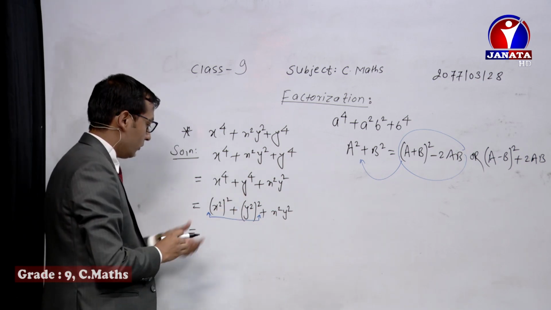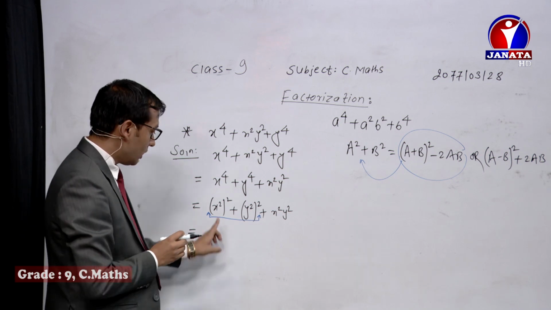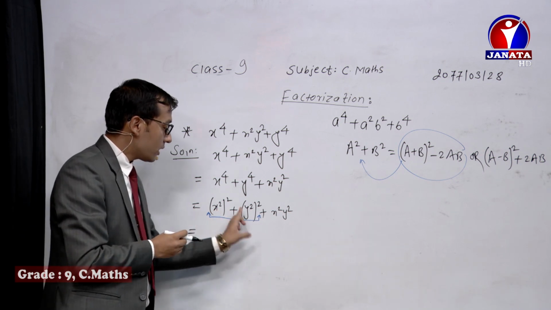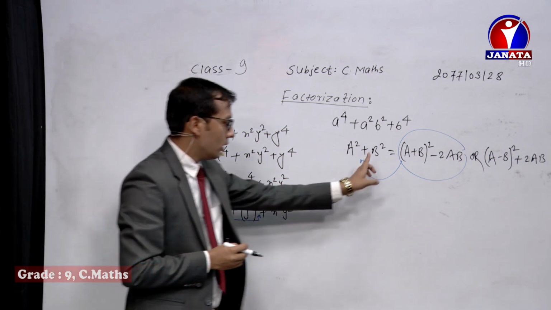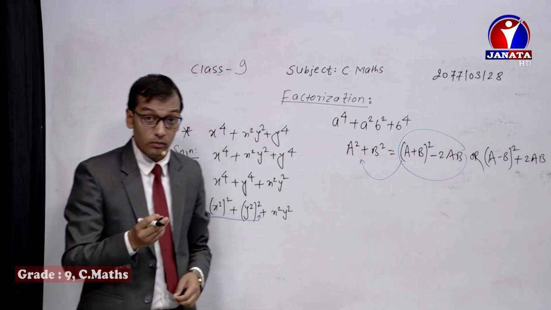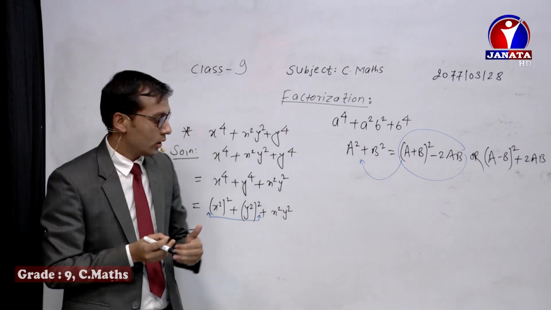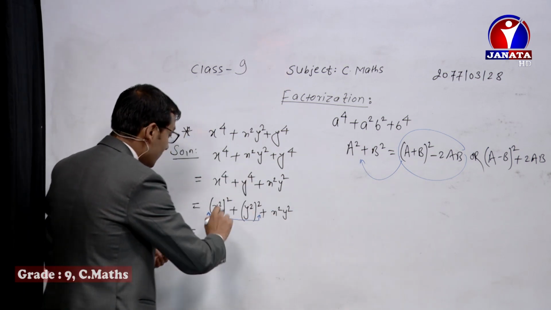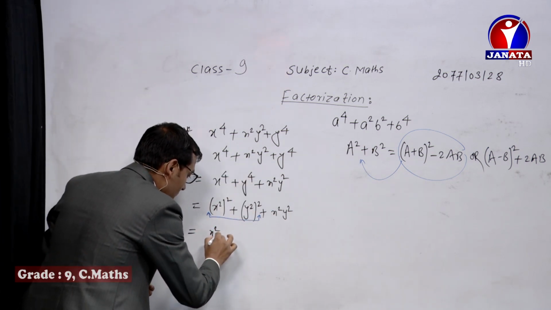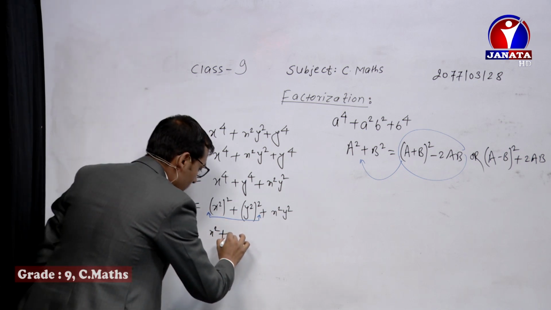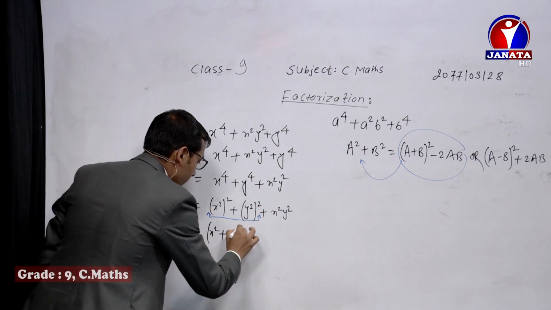So let me move into the next step here. I am converting the first and second term into a square plus b square form, and I am using the formula a plus b whole square minus 2ab. So what is a? It's x square, and b is y square. So a plus b whole square.